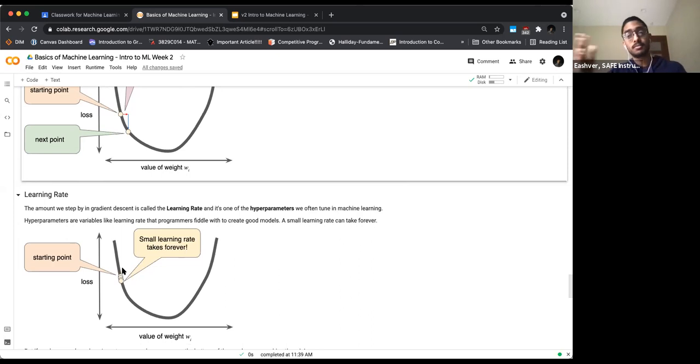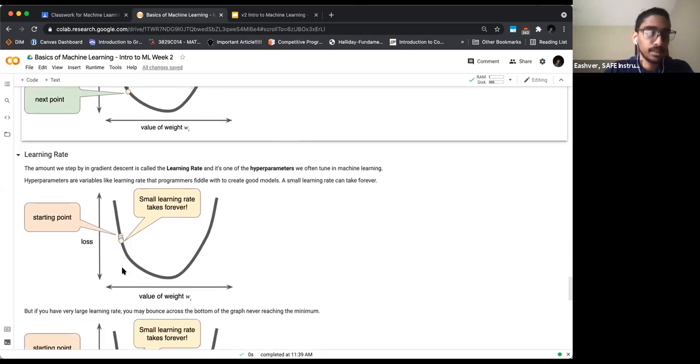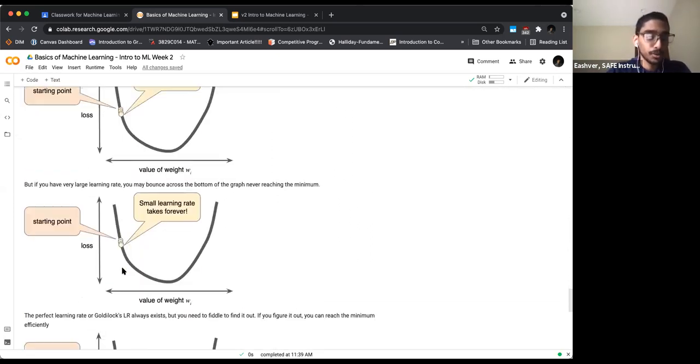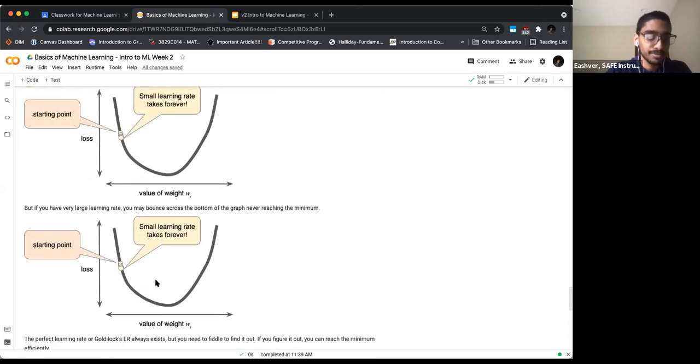So the converse to that is a larger one. Oh, I put the wrong picture. But essentially, if you have too large a step, you might go down here, and you might go across the bottom, never actually hitting the middle that you want to hit.